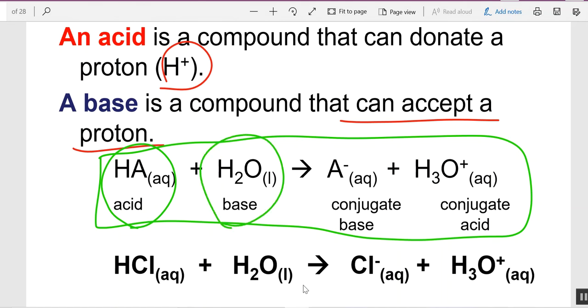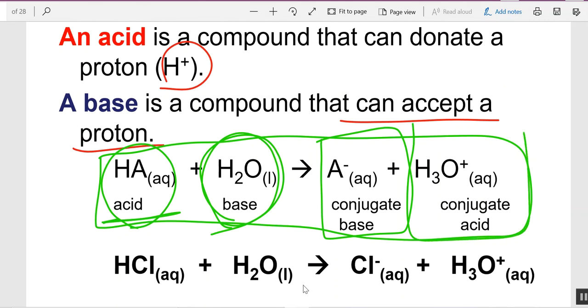Water acts as a base because it accepts the H plus from the acid. After the HA gives out the H plus, it becomes an anion. And because the water accepts the H plus from HA, it becomes H3O plus, which sometimes we call hydronium ion.